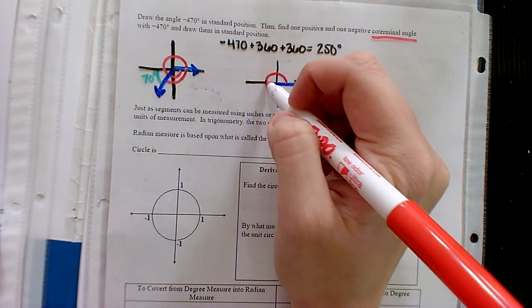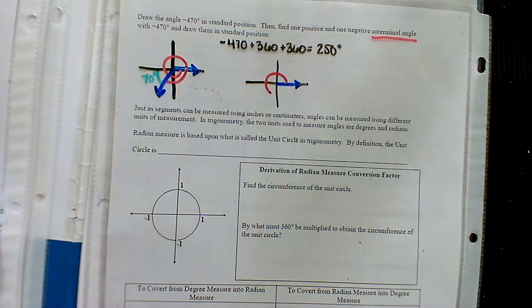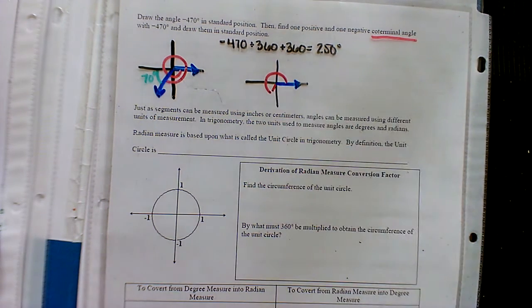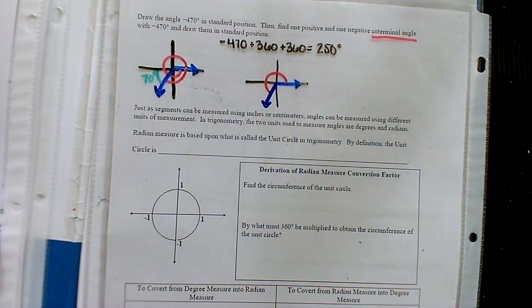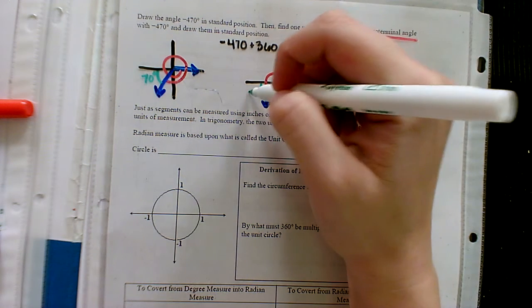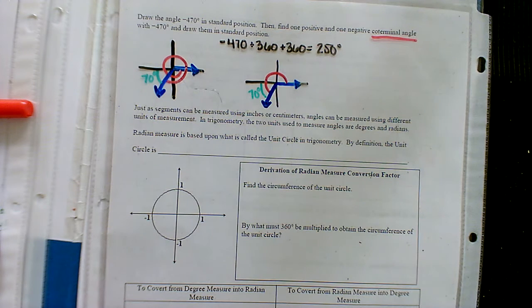And then 250, or another 70 would get us into that third quadrant. So there's the ending terminal side. Notice how it's in the exact same position. So therefore our reference angle is another 70 degrees. 180 plus 70 would get us to that 250.